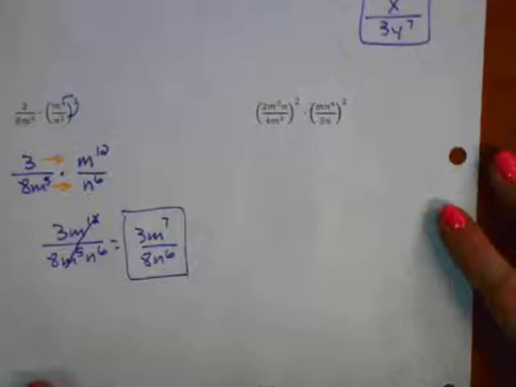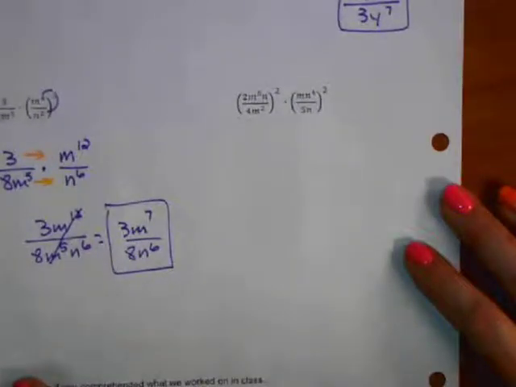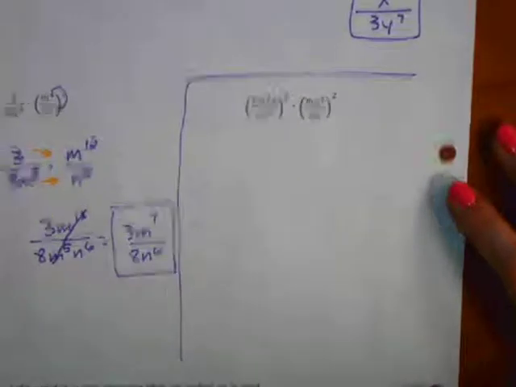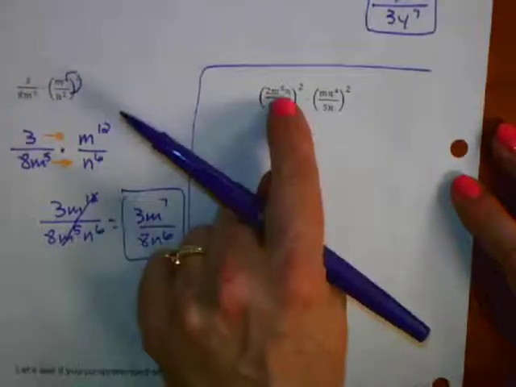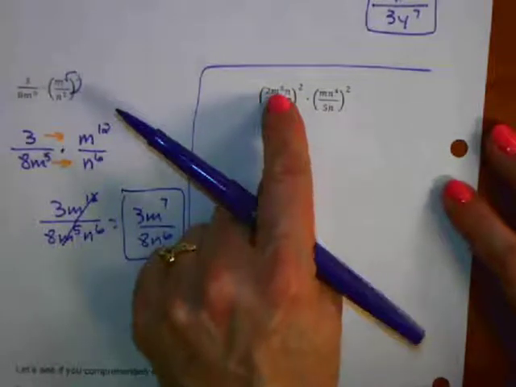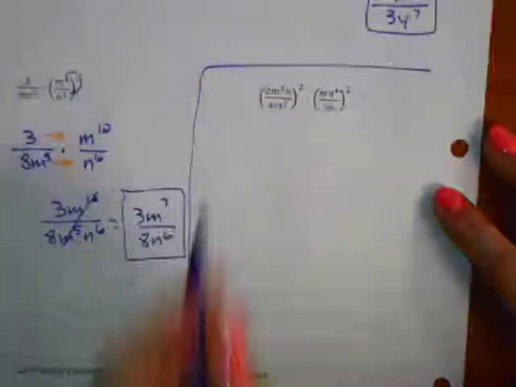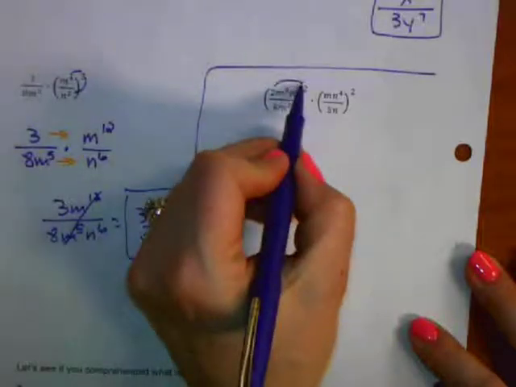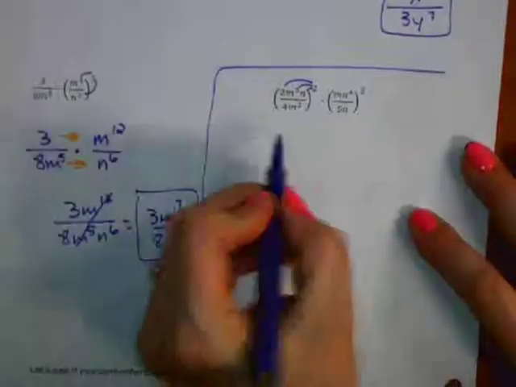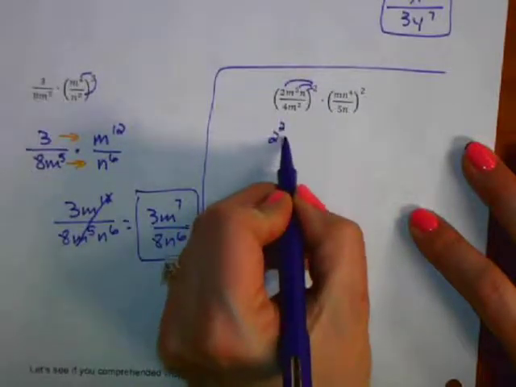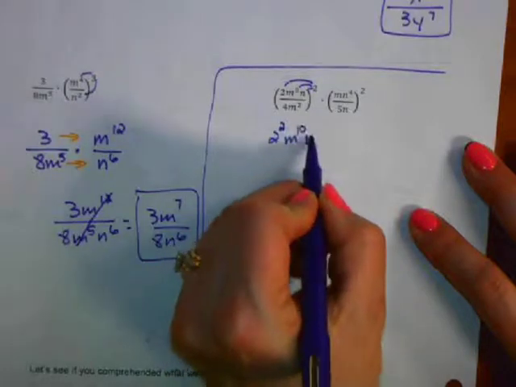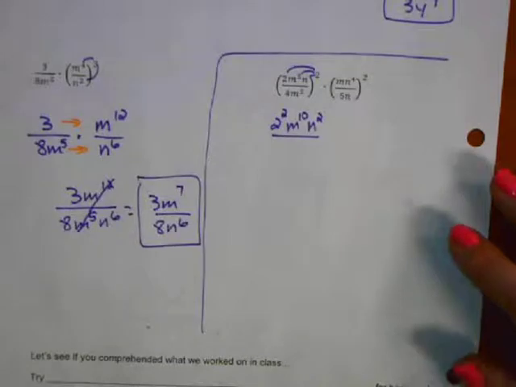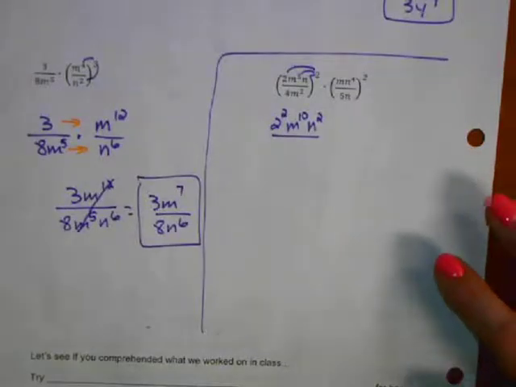Oh, let's do the grand finale. Are you ready? It's a doozy. All right, what would you do first? Yeah, the 2 goes on the whole numerator. Every single thing. I'm going to skip that one step. I know the 2 goes on everything in that numerator. So my new numerator here is going to be 2 squared, m to the 10th, n squared. And I have to do what?